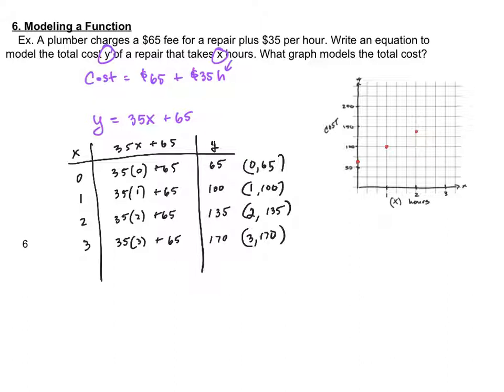And then 3 is going to be 170, which is about there. So I can go ahead, probably go a little bit higher with that one, and then connect all my points because it's a continuous rate. And there you go. Or it could be a continuous rate. So that graph models the total cost based on the input of hours.